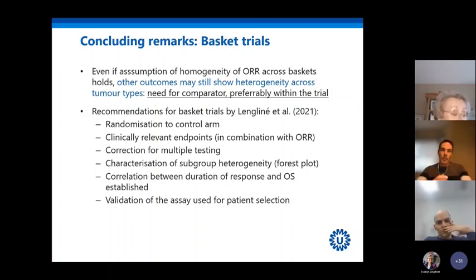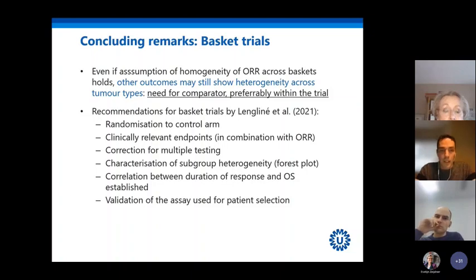And there's also a nice recommendation paper from the French HTA authority, which gives some recommendations for basket trials. So, always include a randomization to a control arm if that's possible; do not only consider the response rates in combination with the duration of response, but also other clinically relevant endpoints, such as quality of life, overall survival, and progression-free survival; and correction for multiple testing, as I said.